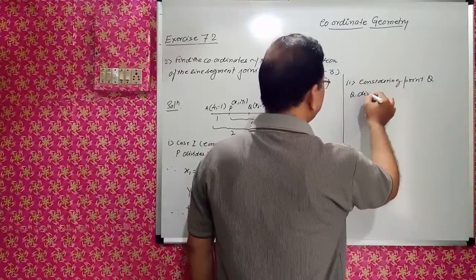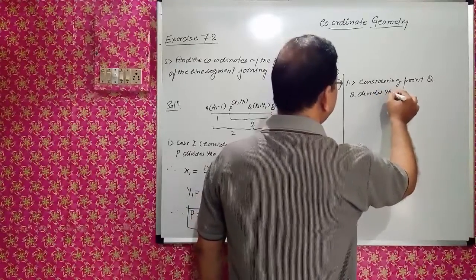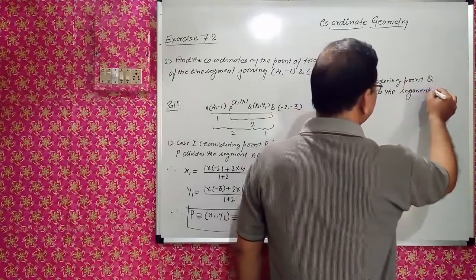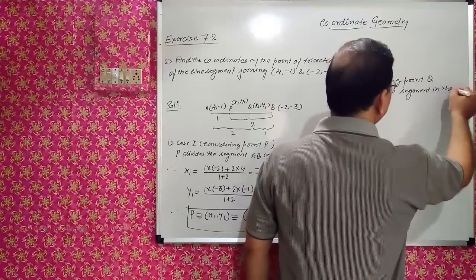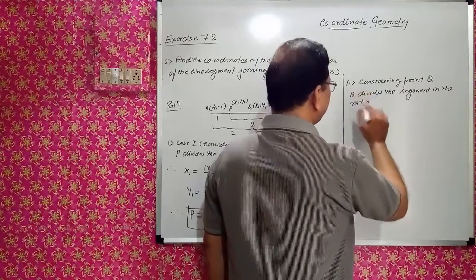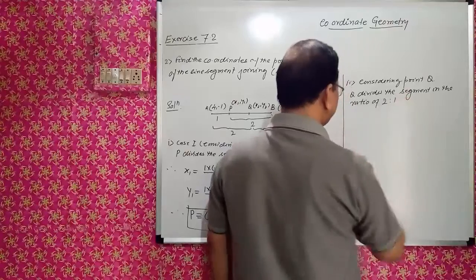Q divides the segment AB in the ratio of 2 is to 1.